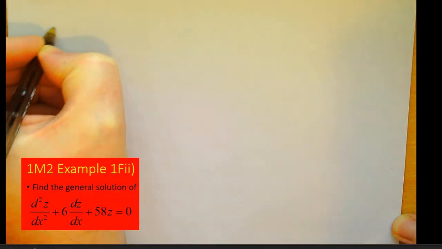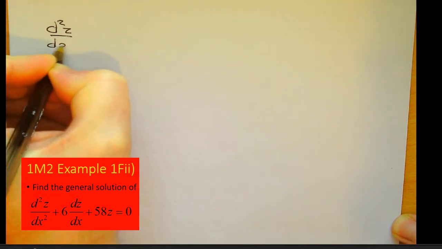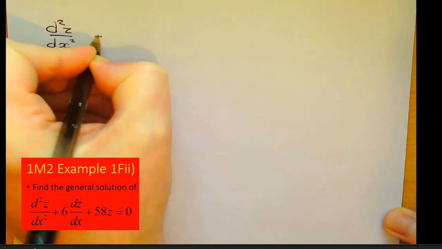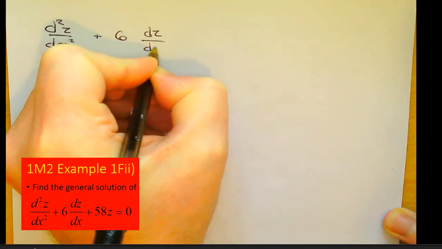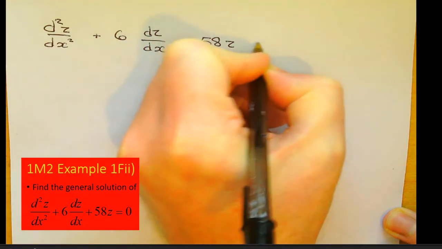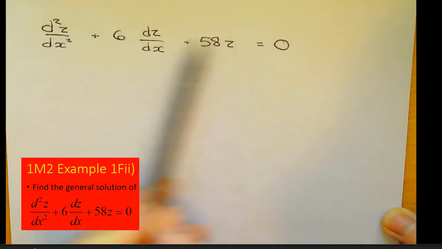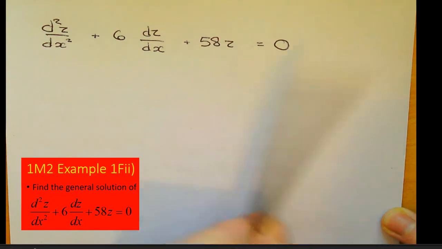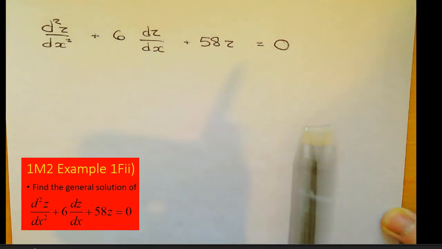So our differential equation, d squared z by dx squared plus 6 dz by dx plus 58z is equal to 0. Second order, linear, constant coefficients, homogeneous, z as a function of x.